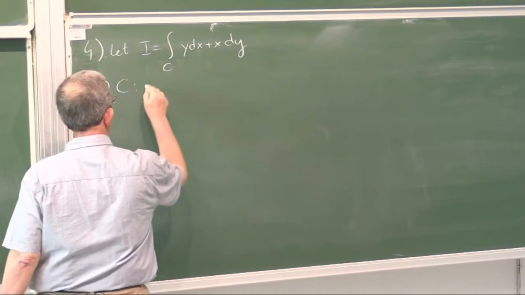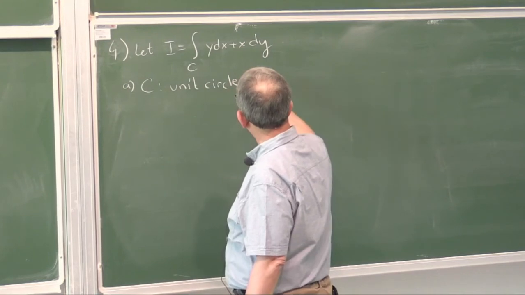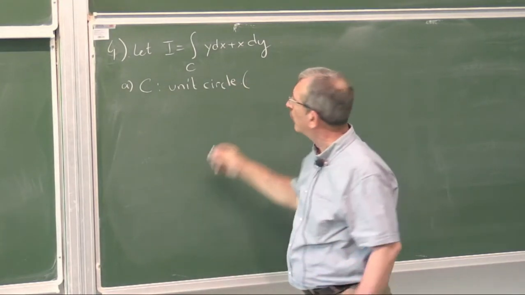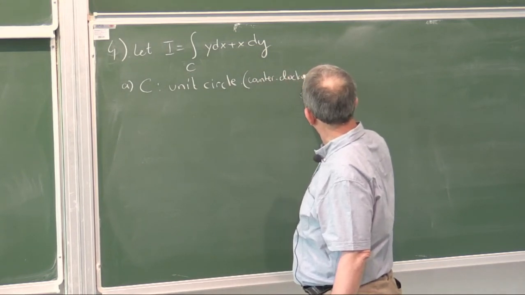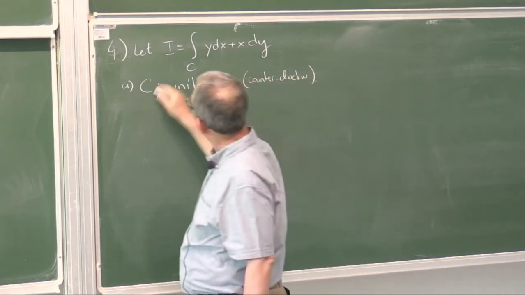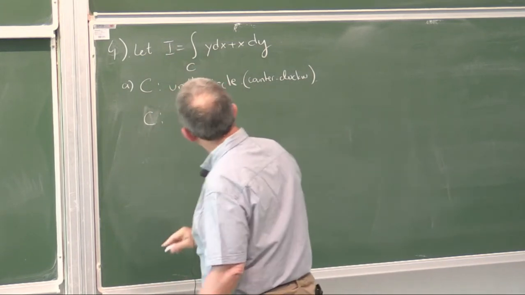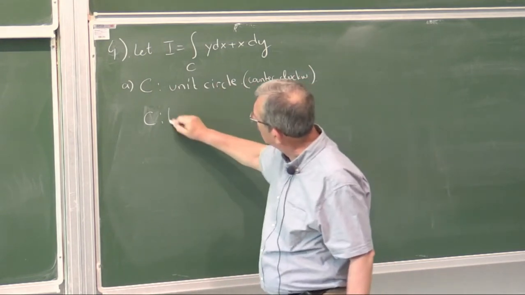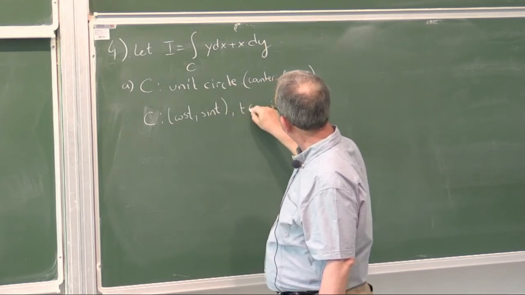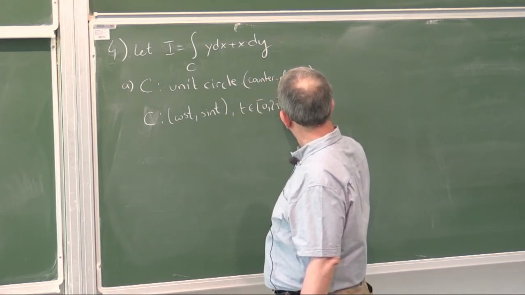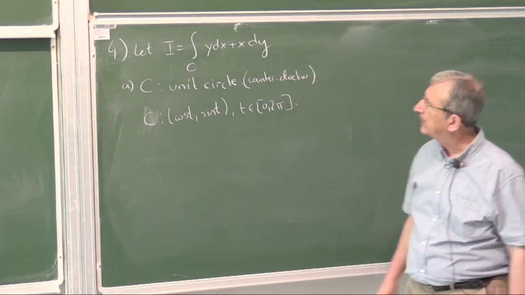C is, say, a unit circle. You can assume counterclockwise oriented. Then, firstly, a parameterization, of course. We are familiar with it by now. I will not spend much time on it. t starting from 0 to 2 pi. This is counterclockwise orientation, so check the orientation.